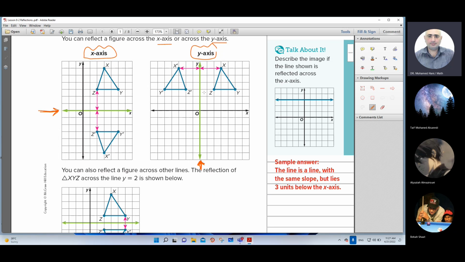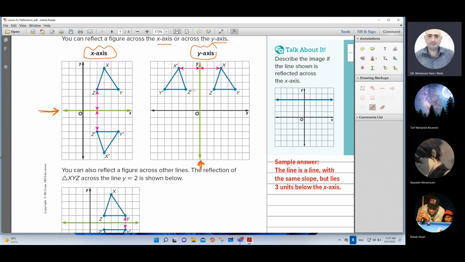From Y to the y-axis we have 1, 2, 3, 4, 5 units, and from Y prime also 1, 2, 3, 4, 5 units. So in the reflection, we have the same figure but in the opposite direction.